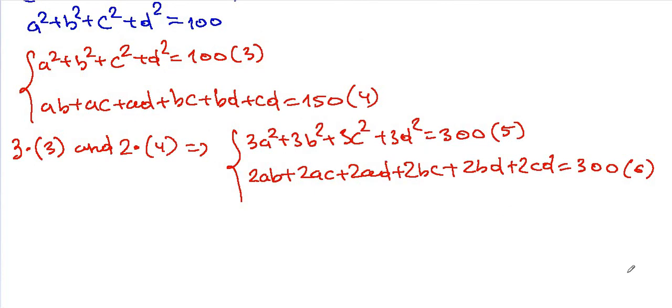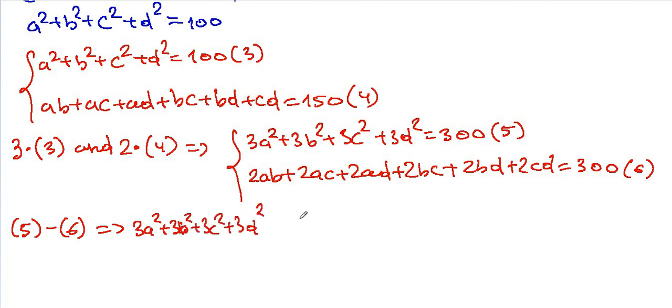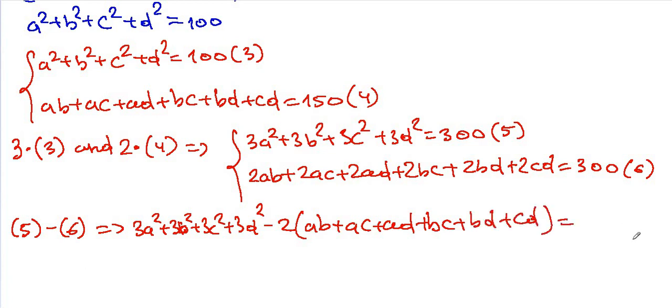Now subtracting the sixth equation from the fifth, I will get 3a^2 + 3b^2 + 3c^2 + 3d^2 minus 2 times (ab + ac + ad + bc + bd + cd) is equal to 0.